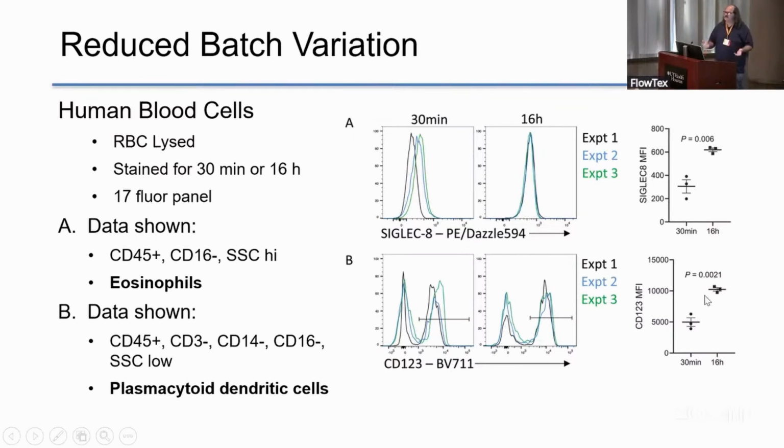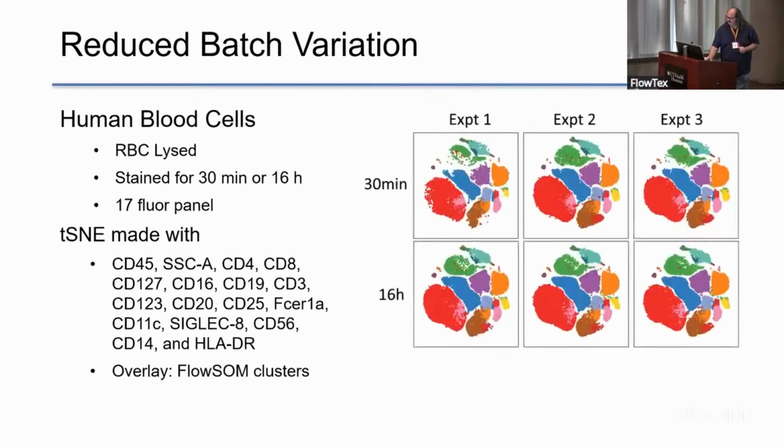One of the things that I really loved about this article is that you could actually improve your longitudinal studies by doing these longer incubations so that there's less variation that's due to simply how you handled it on a different day. So that kind of covers that.